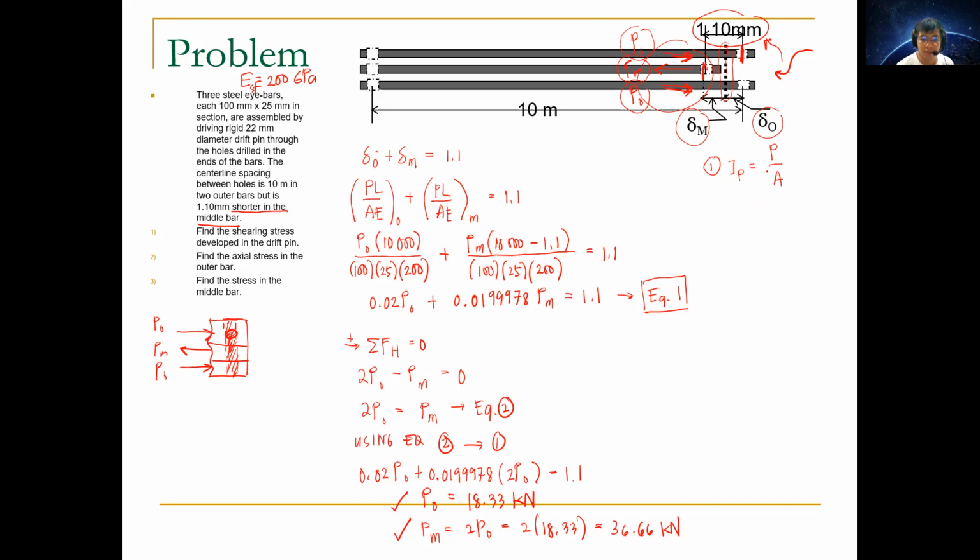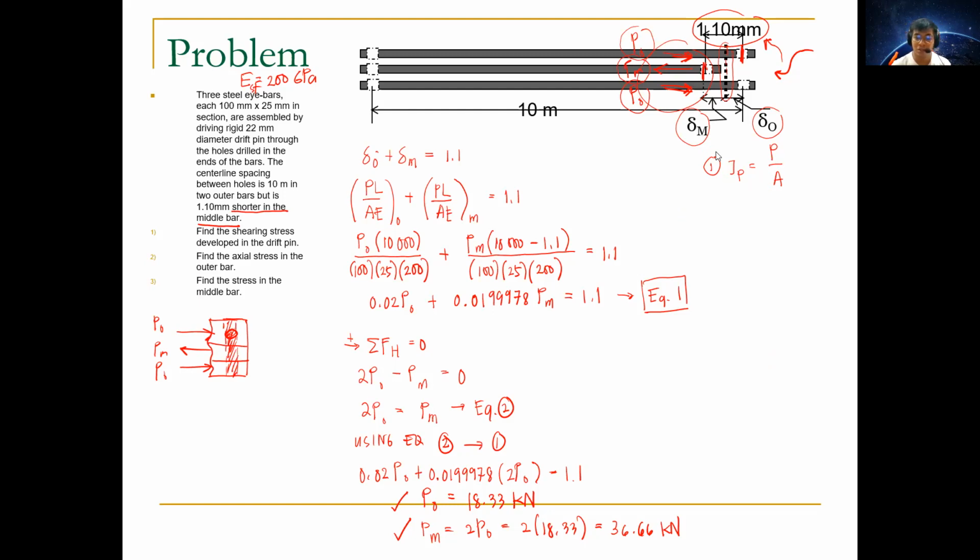So again, where is the force coming from? Which will we use, the 36 or the 18.33? That's the biggest question.